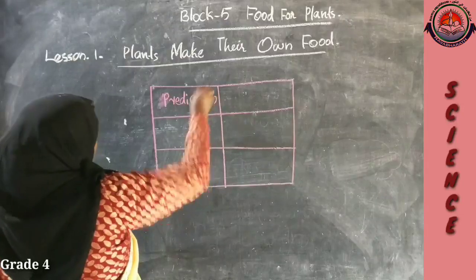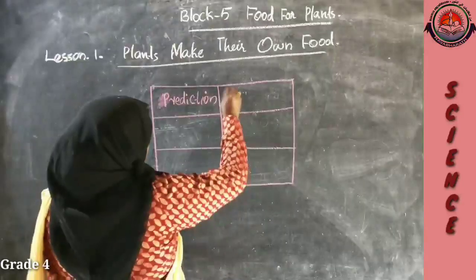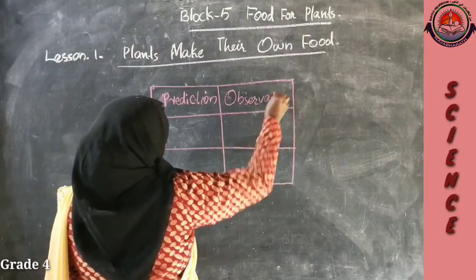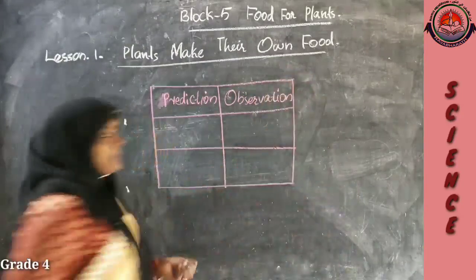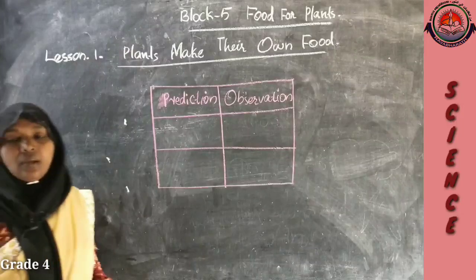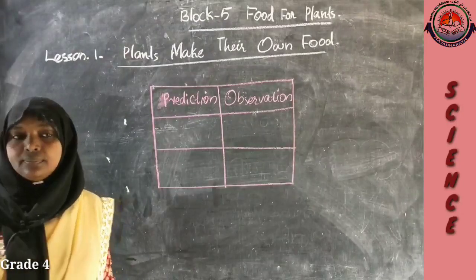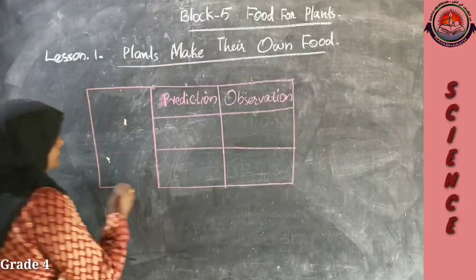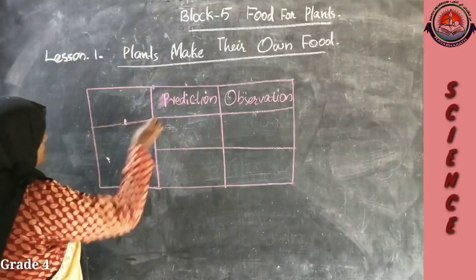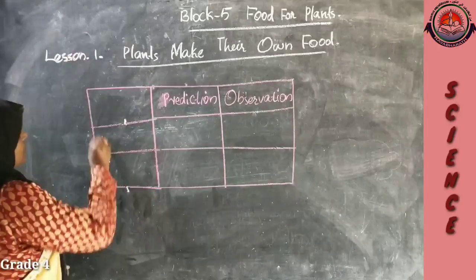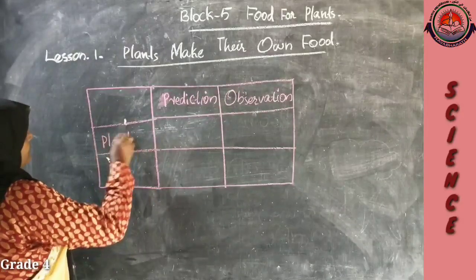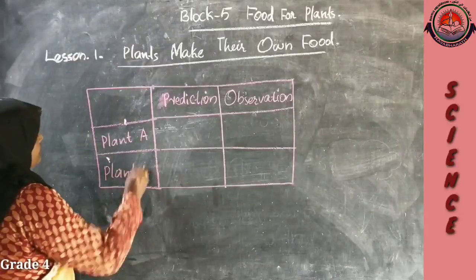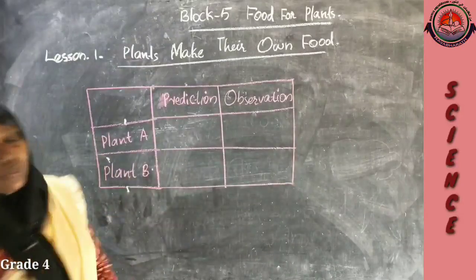Prediction, observation. One more column we need because we need to write plants here. Here you write plant A and plant B. Okay.